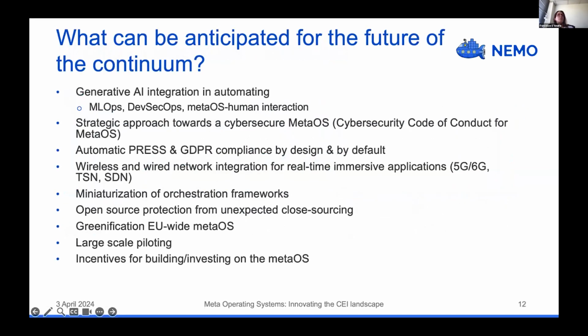So what can be expected now for the future of this continuum? We tried here to collect what we could consider as next steps not included in our GAs, and which could leverage on cutting-edge technologies right now.